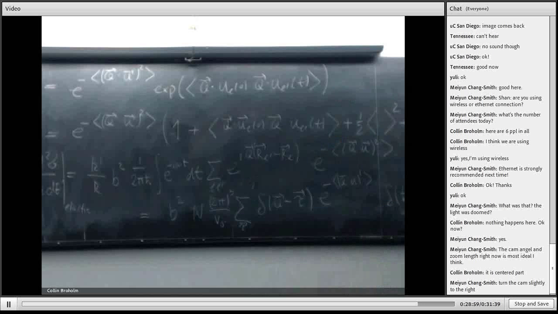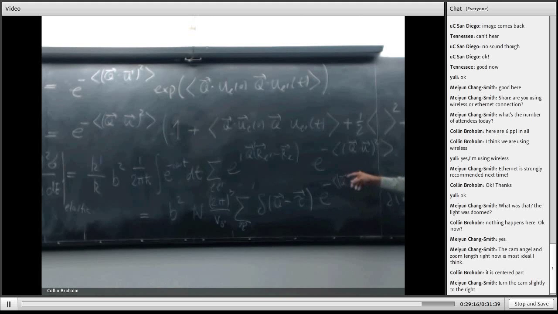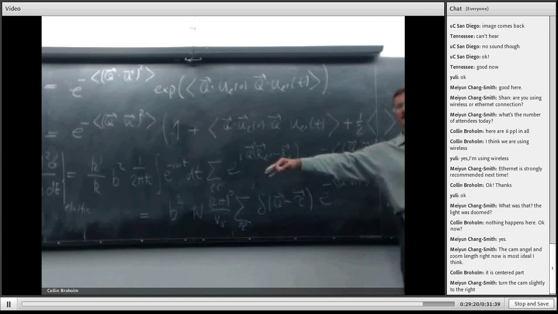Okay, what's happened now are really two things. One is that we've attained this so-called Debye-Waller factor. Now, what does that do? It basically takes account of the thermal displacement of these atoms from their equilibrium position. And you'll see that its effect is to attenuate the strength of this Bragg scattering as we come to higher and higher momentum transfer.